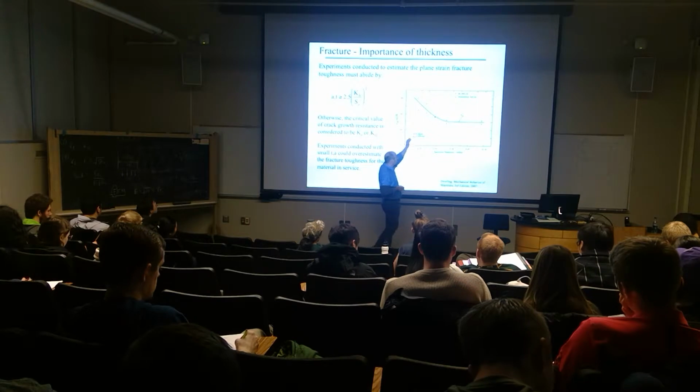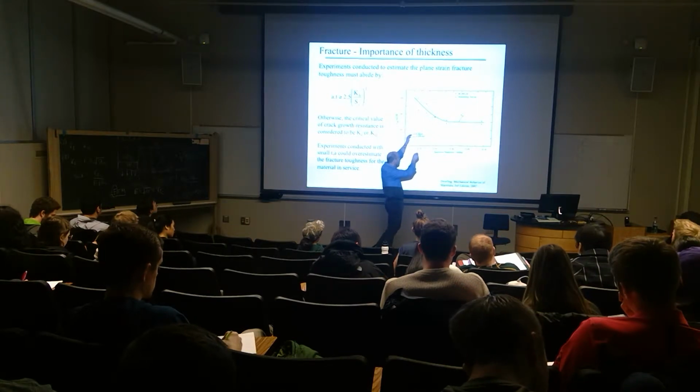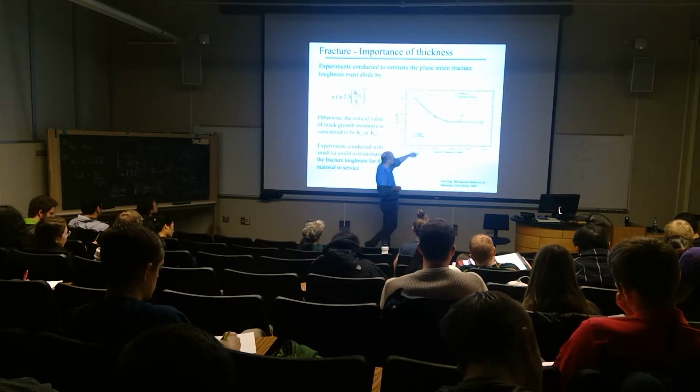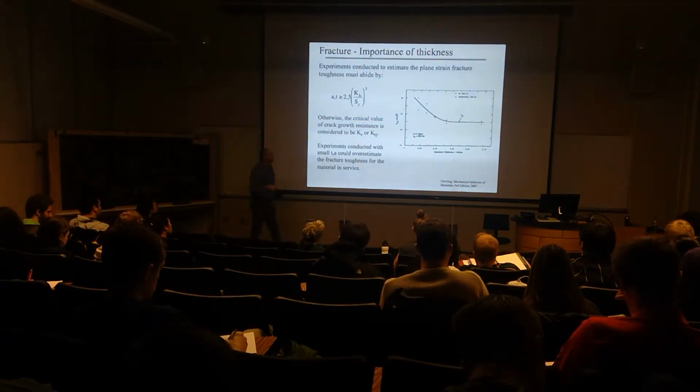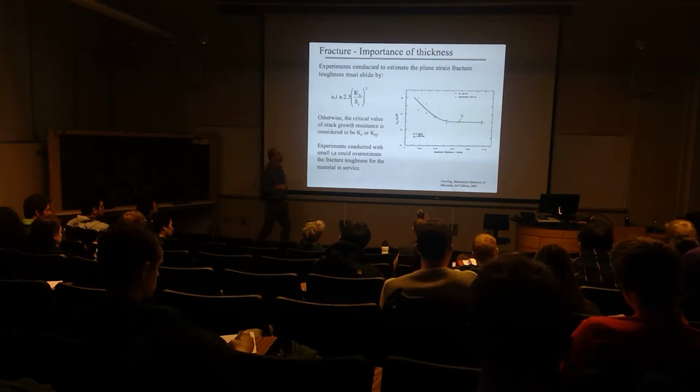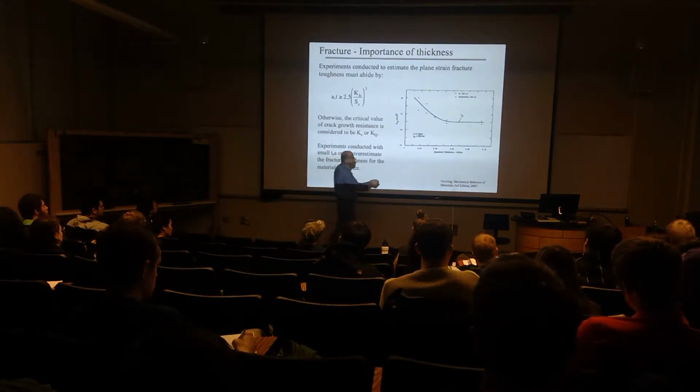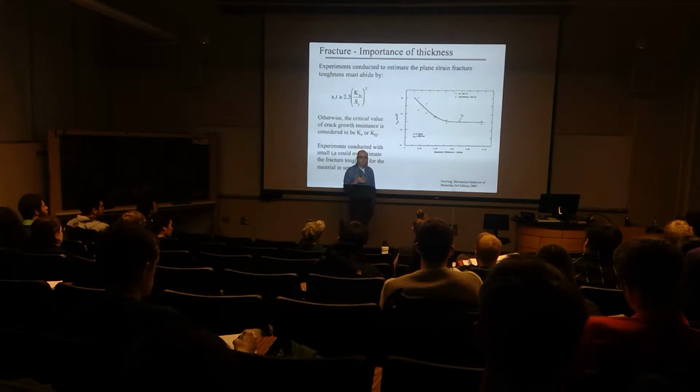And this is just a description of the apparent fracture toughness for an H11 steel. This is a high-strength steel with an ultimate tensile strength that's on the order of like 1,500 megapascals. That's huge. That is really amazing. So when you see this and you look at thickness, look at what happens to the fracture toughness as a function of thickness.